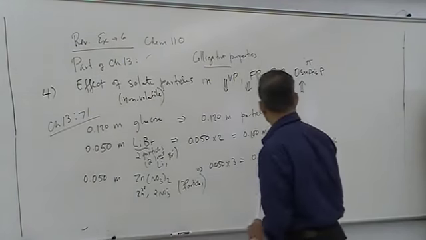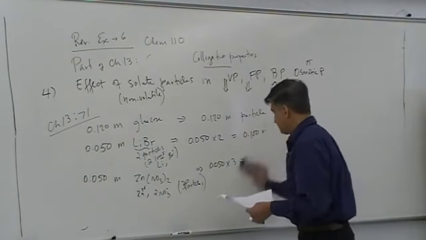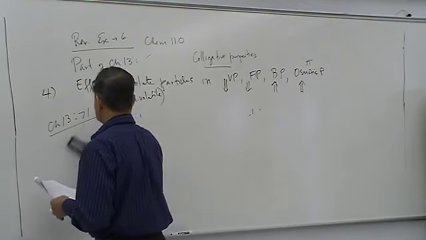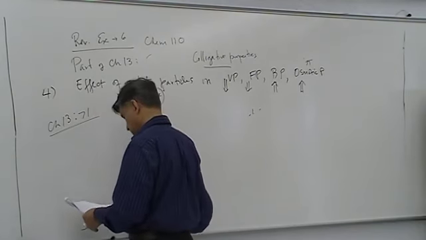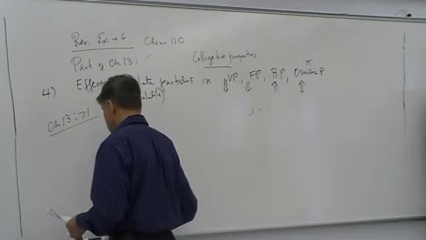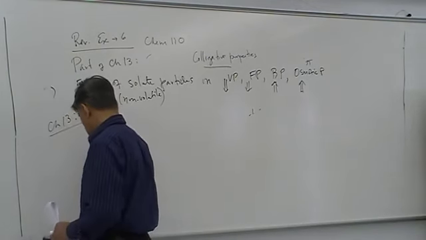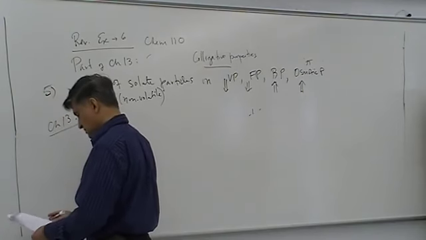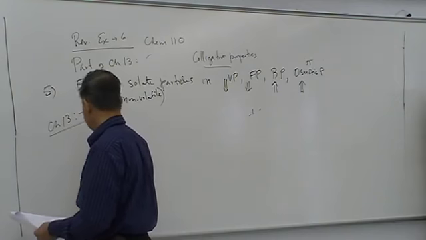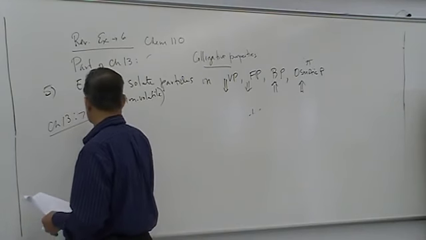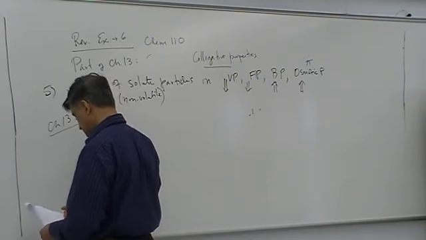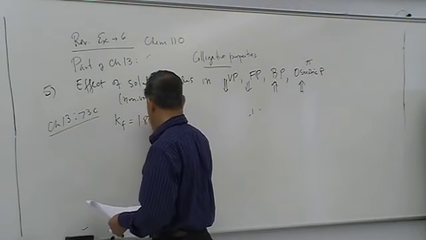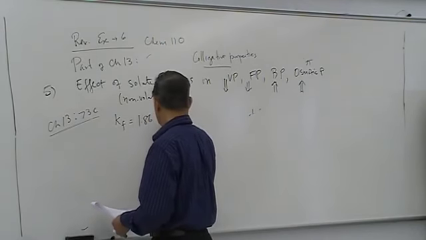Now, type 5 problem. Again, I'm picking another problem from the book. This is number 73C. Kf value is given, that freezing point depression constant, 1.86 degrees centigrade per molal.